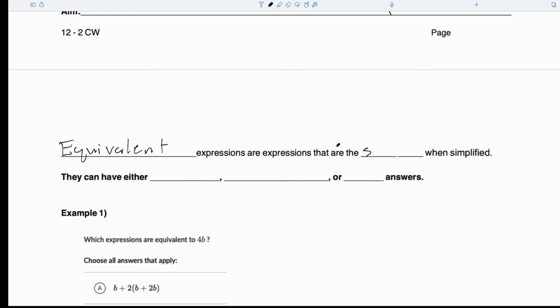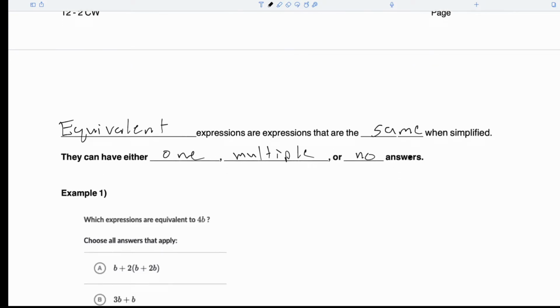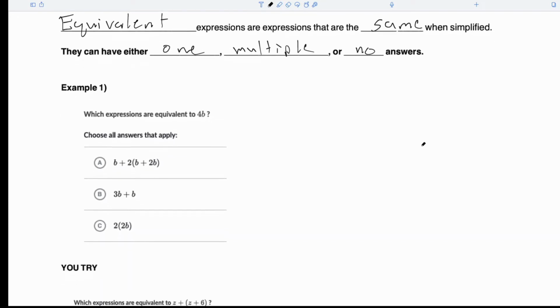Equivalent expressions are expressions that are the same when simplified. They can have one, multiple, or actually no answers. Some of these you're going to see are just none available are equal to.